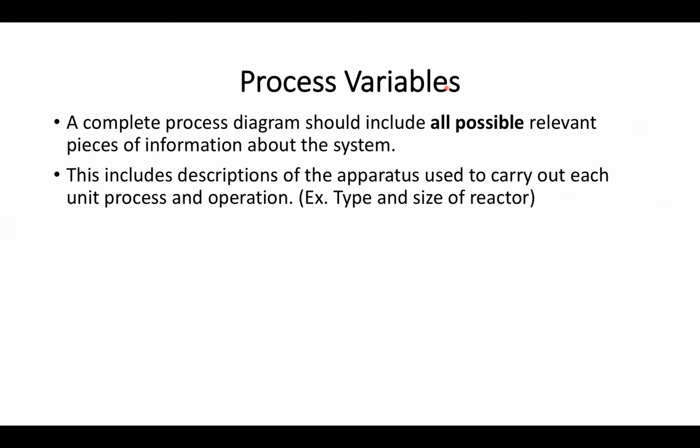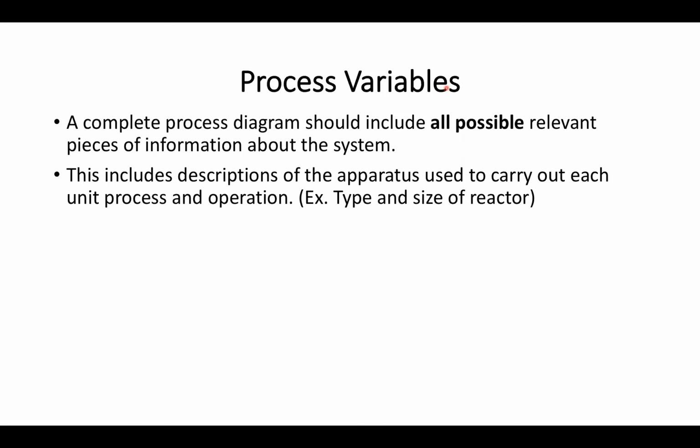Specifically, you're going to want to include complete descriptions of the apparatus used to carry out each of our unit processes and operations. So if this is a reactor, you're going to need to describe what kind of reactor, type, and size. But we're also going to need the same sort of information for all of our various filters, heat exchangers, and the like.